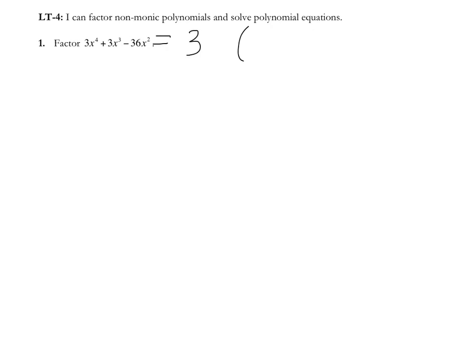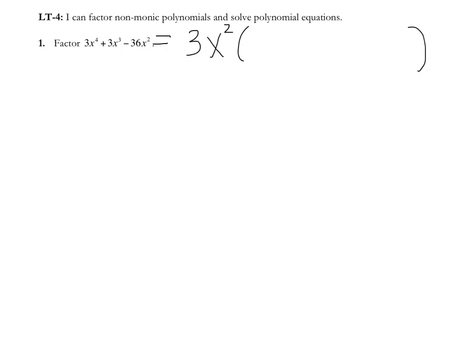But if you notice, all three of the terms have an x part. And in particular, this term has 4 x's multiplied together, this term has 3 x's multiplied together, and this term has 2 x's multiplied together. So since all of them have at least 2 x's multiplied together, we can factor out an x squared from all three of the terms.